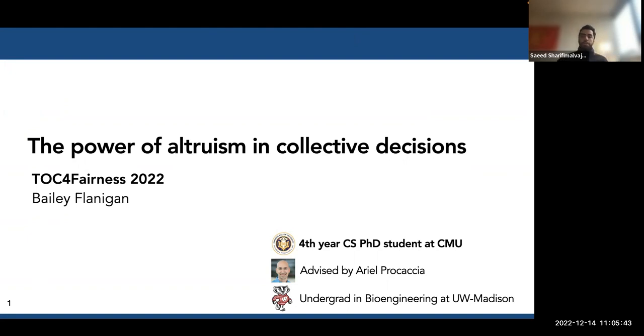She's also interested in practice-driven questions related to online learning and algorithms with prediction. And outside of research, Bailey is passionate about equitable education, and she led the CS Jedi project at CMU. And today she'll tell us about altruism and voting.